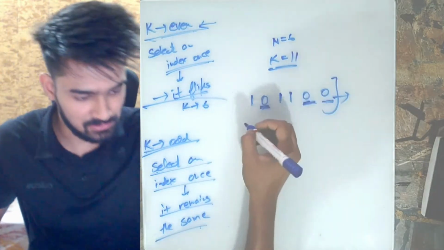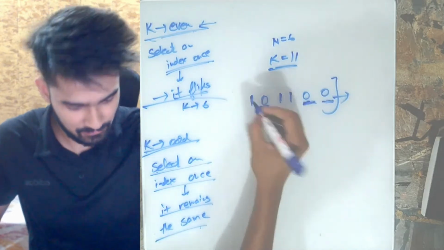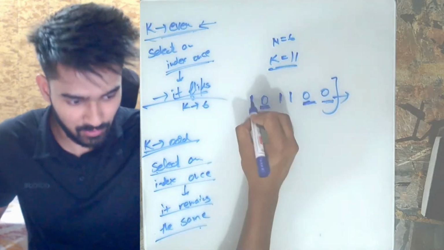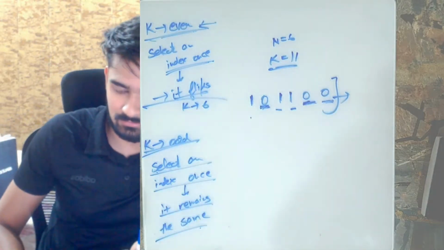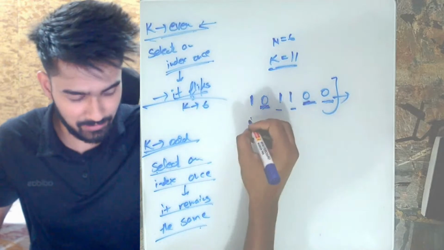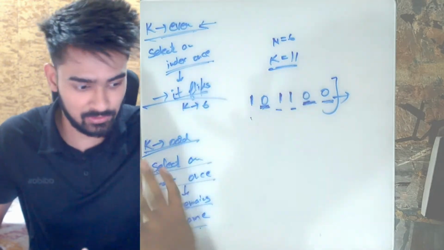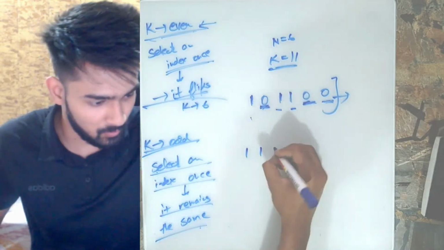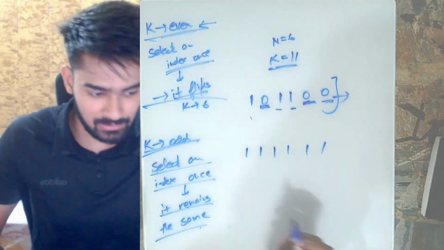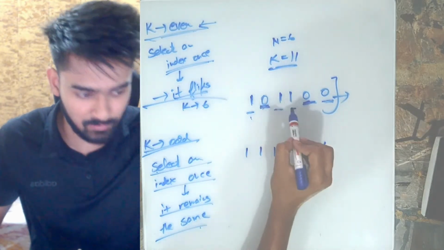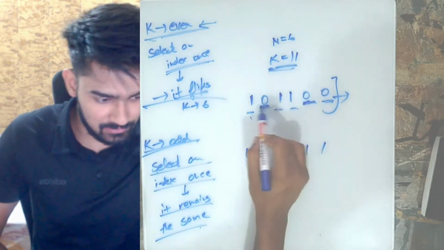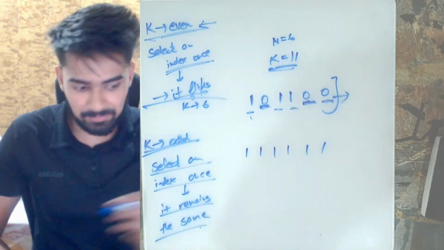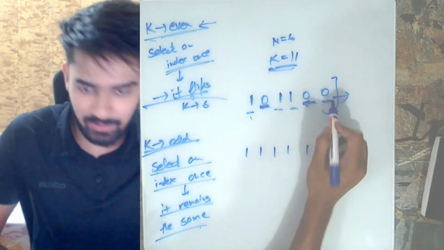In 3 operations, we make one operation on this, one on this, one on this. The string remains the same. After those, we know that the string will become 1 1 1 1 1 1. The reason for that is because we did one operation here, one here, one here. We know that at the end of all the operations, this 0, this 0, this 0 will be flipped because we didn't do any operation on these 3 indexes.